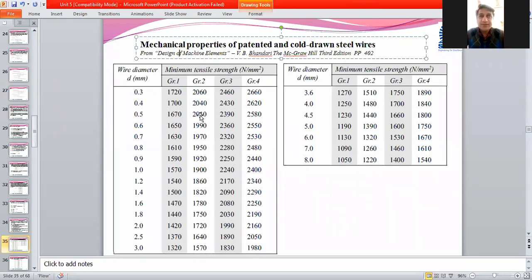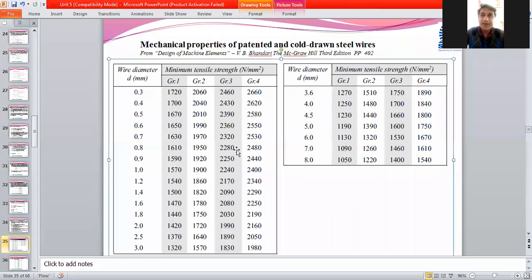I have taken these values or tables from Design of Machine Elements by V.B. Bhandari. Publisher is McGraw Hill publication, and it is the 3rd edition. You can find this table on page number 402 in that book.